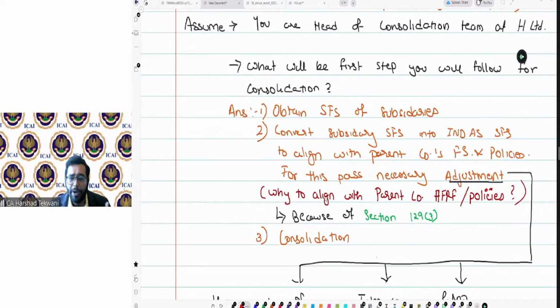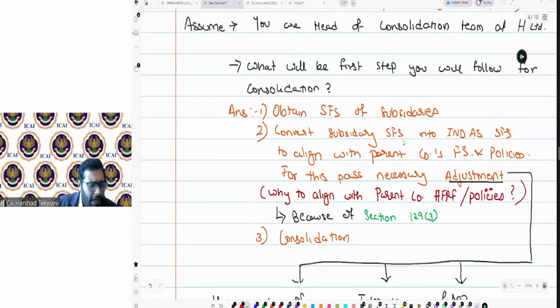When I'm going to verify these procedures, I have to make little modifications compared to the normal. For example, when management has to obtain a standalone financial statement of the subsidiary, for me, it will become whether management has obtained all the standalone financial statements of all the subsidiaries. So completeness of the component is one important part for me.